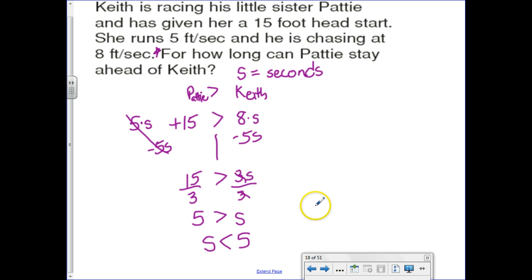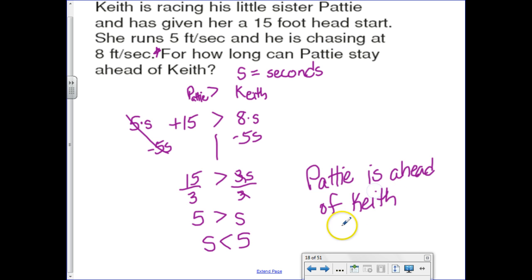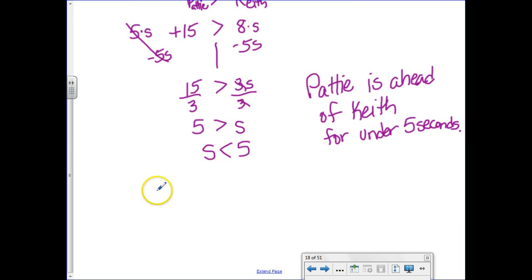Well, it sounds to me like Patty is ahead of Keith for under 5 seconds or less than 5 seconds. It sounds to me like once 5 seconds hit, they must be exactly tied. Does that make sense? Check it out.